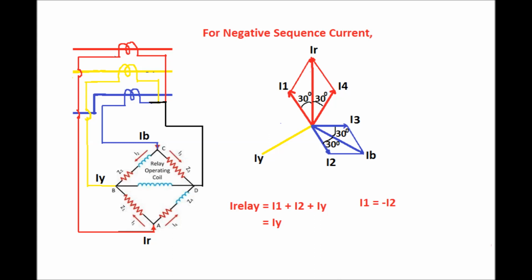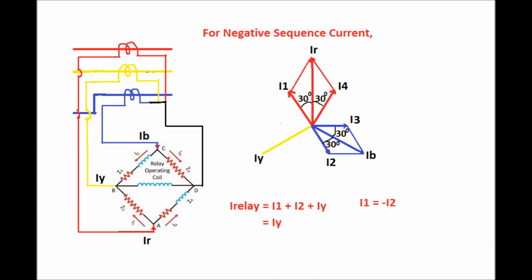Now due to flow of the unbalanced current, there will be presence of the negative sequence current, and the phasor diagram has been shown here. Due to flow of the IR current at point A, it will divide into two components, that is I1 and I4. Again I1 will lead IR by 30 degrees, and I4 will lag IR by 30 degrees.